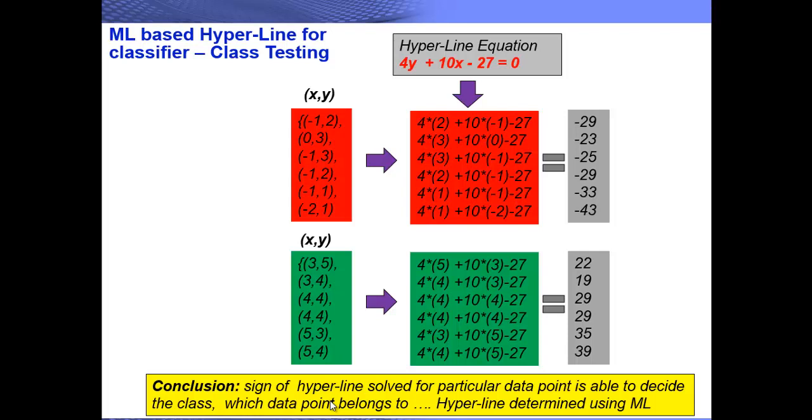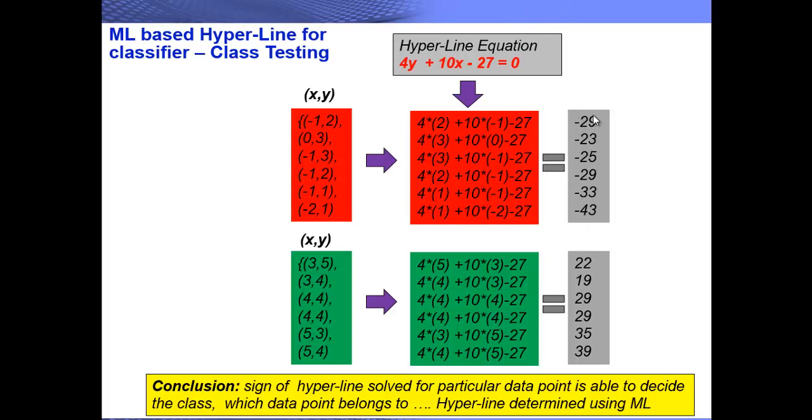Simply we have done some calculations on the data points of the two classes given to us, and then the algorithm has reached the equation of this hyperline, which is able to separate those two classes of data points. Now if we put these data points into this equation, for the red class data points and the green class data points, we are going to get these values.